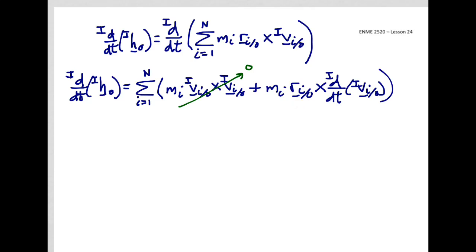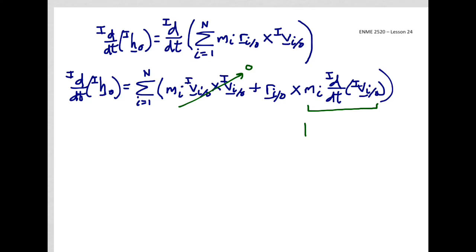And let's switch this term here, where we can take out our m, r, and then cross, and then just replace that with r of I with respect to O, our position vector cross with m_i. So we've just distributed our mass in here. And so the reason why is it makes us look at this term here, where we have our mass times our time derivative of our velocity, which is ma, which we should recognize as the sum of the forces on the system.